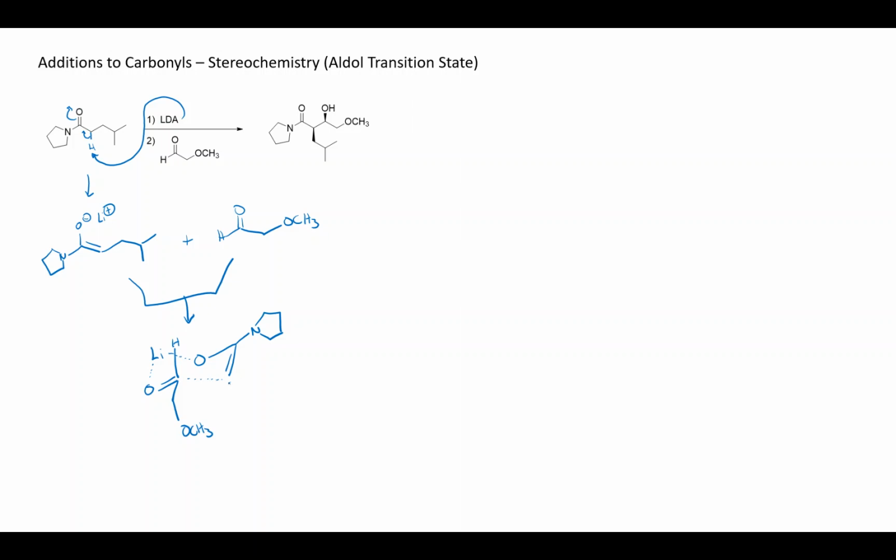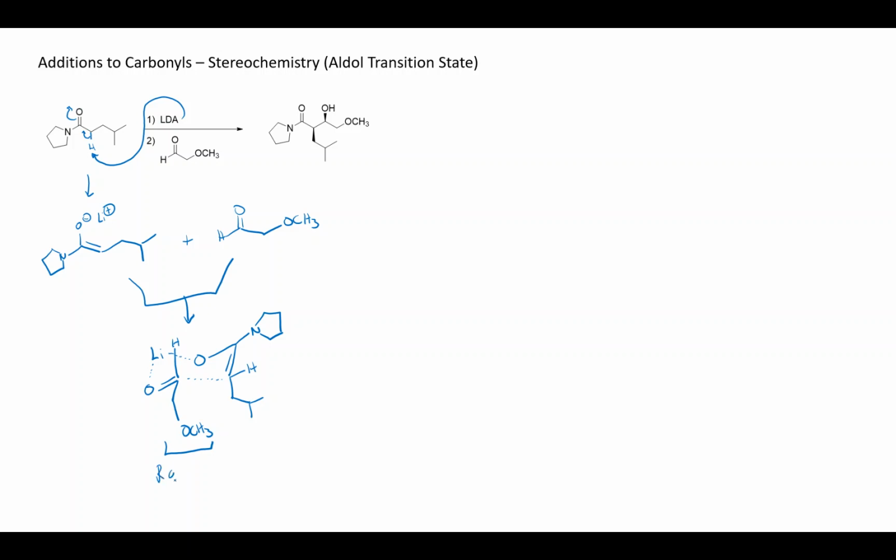And so as this reaction occurs, we've got hydrogen here. What we have is where this aldehyde is, I've drawn it with the hydrogen in the axial position and the R group in the equatorial position. Clearly that minimizes steric repulsion.